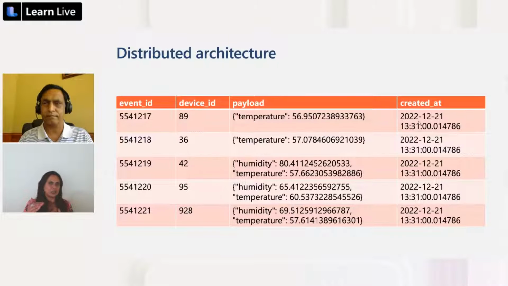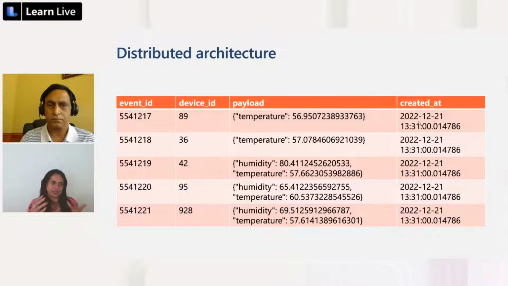It divides your data into smaller groups based on how you want to do it, and then it creates smaller tables, and it is able to distribute that across the nodes or within the same node, right?